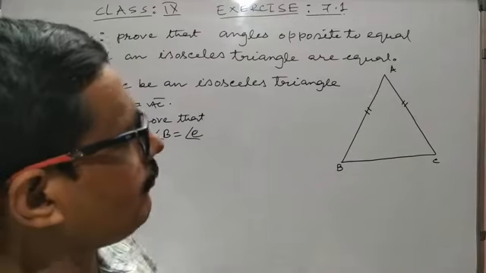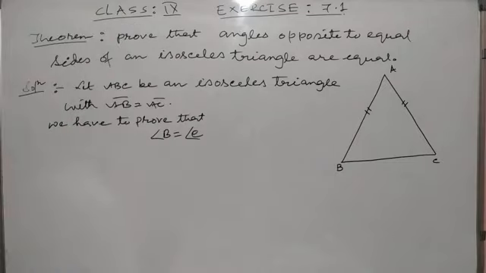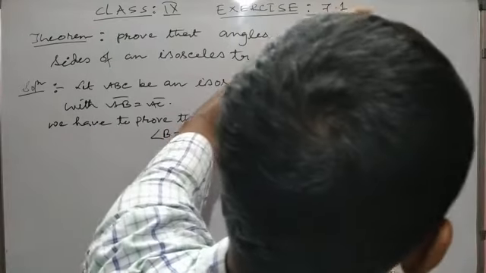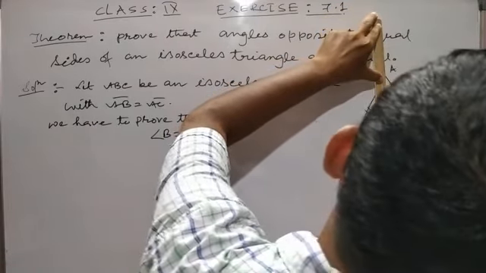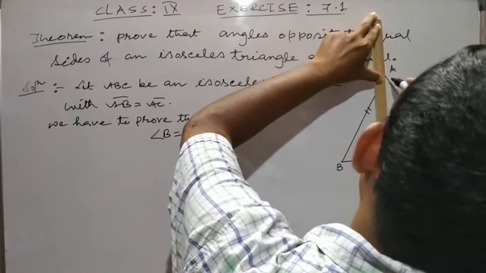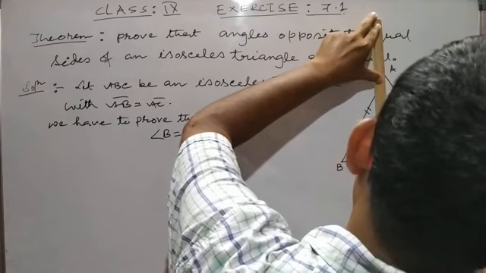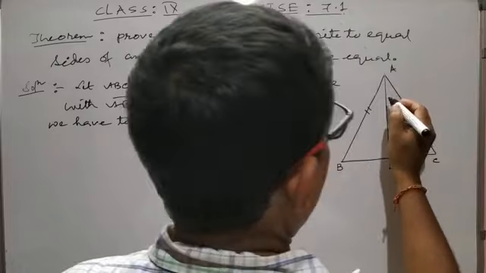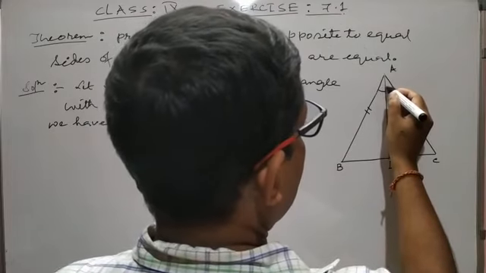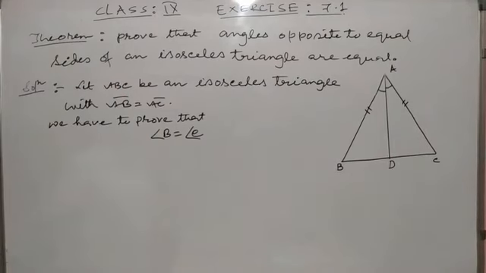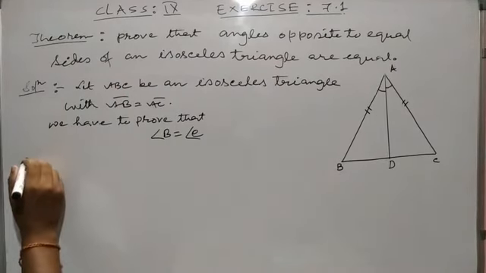We will draw the bisector of angle A. That is AD. AD is the bisector of angle A, that is this angle and this angle are equal. So this will be the construction.